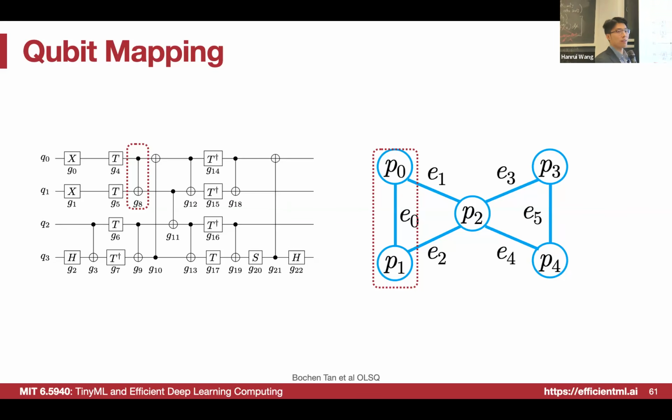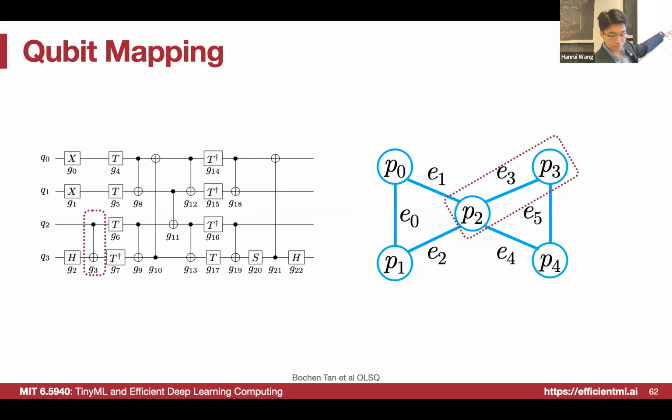Then we can have a look at the quantum circuit here. We can see there are some single qubit gates, but also some 2 qubit gates, right? Between Q0 and Q1, we have a 2 qubit gate, and also between Q2 and Q3, we have a 2 qubit gate. That should be very simple on this topology, because we can directly apply them using E1 and E3, right?